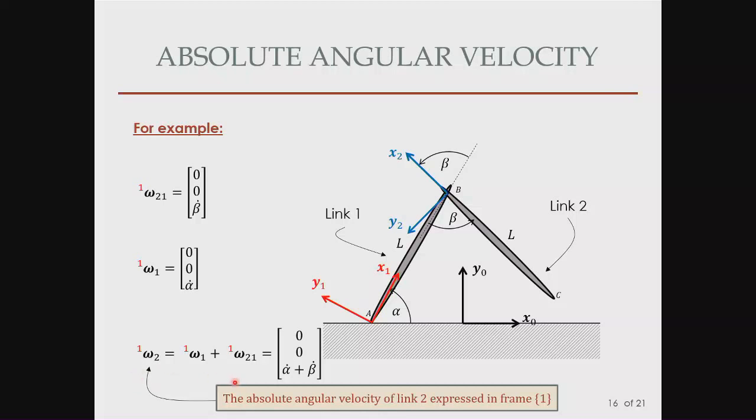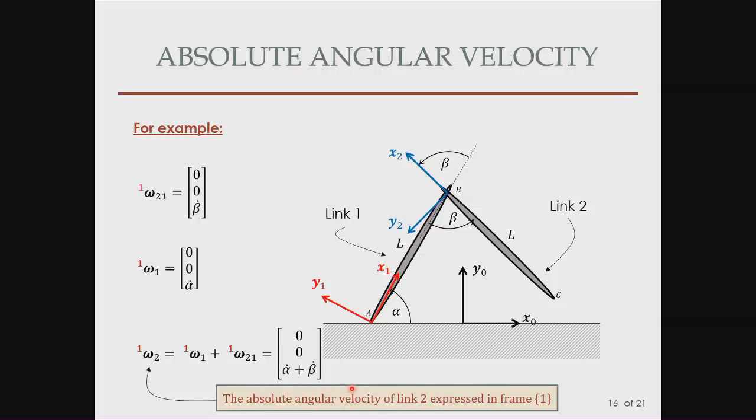So it's a vector which has just this one non-zero component, the z1 component, because it's frame 1. The z1 component is alpha dot plus beta dot. That's the absolute angular velocity of link 2.